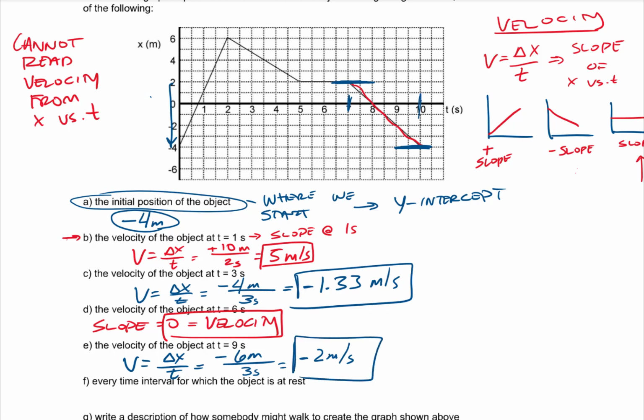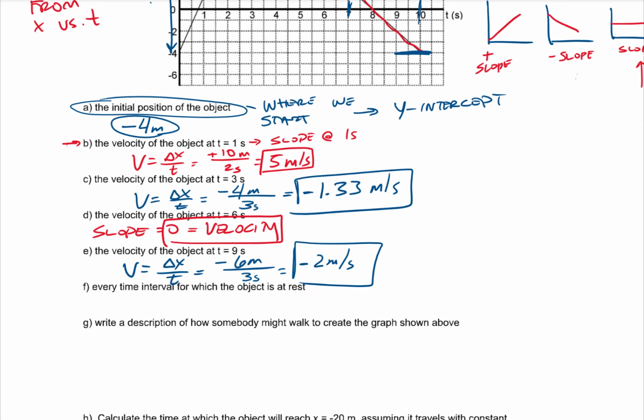So what we just did here was find the slope of each segment, which is the same thing as finding the velocity of each segment. Part F wants to know every time interval for which the object is at rest. When we are at rest, it's every time interval for which the velocity is equal to 0.